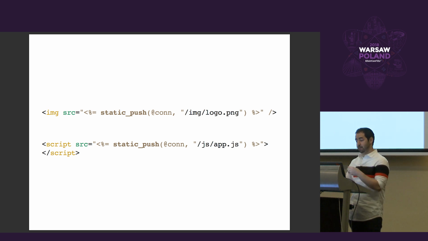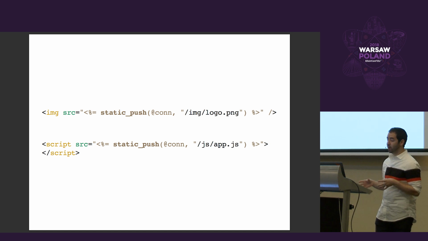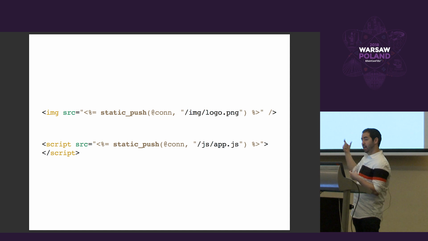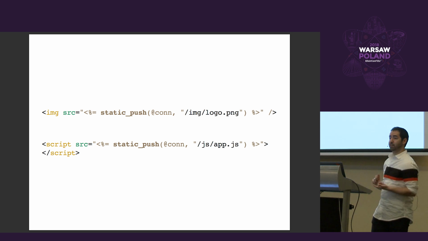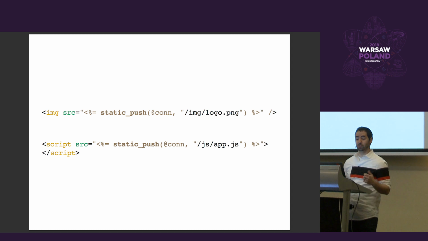So I still think a pure render call is what we want, but that's only on a case-by-case basis. If I want a pure render, I'm going to have to necessarily remove the connection from all my static path calls and pass my endpoint instead. So if I already have to touch my template code, I think it would be fine to change the static push back to a static path if I want to go back to this pure render approach.